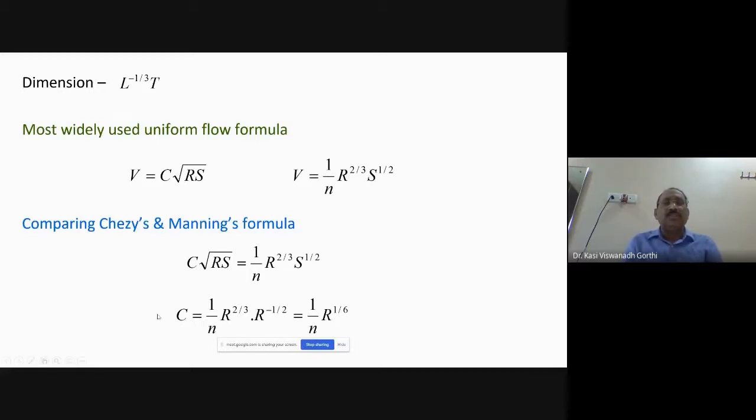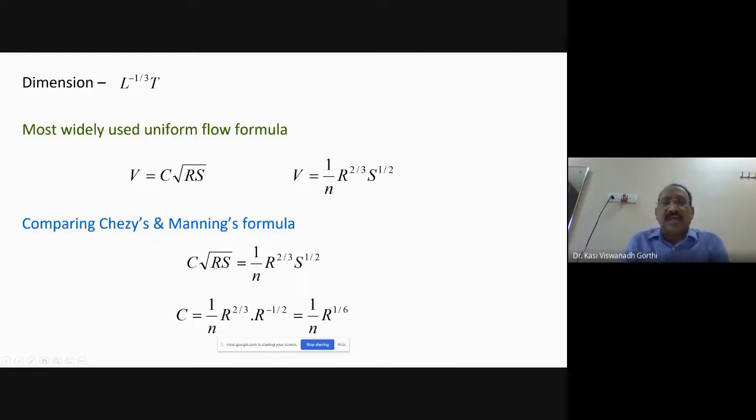So comparing both Chezy's and Manning's formulae, C root Rs must be equal to 1 by n R to the power 2/3 S to the power half, which indicates the relation between Chezy's coefficient C and Manning's coefficient n. On the right hand side you have S to the power half, and on the left hand side also S to the power half.